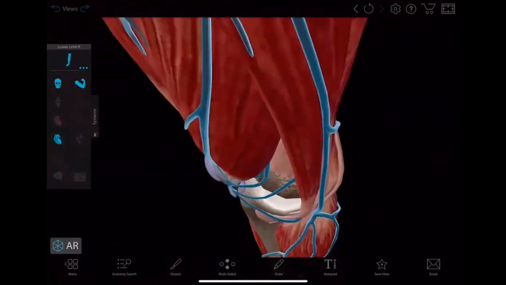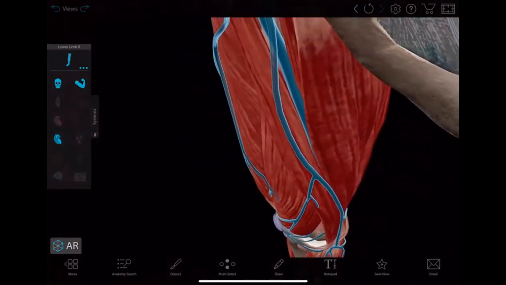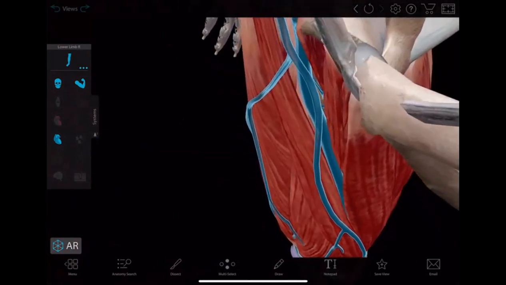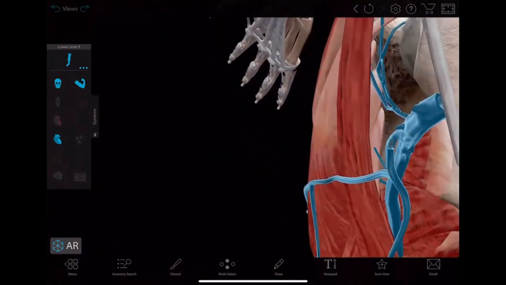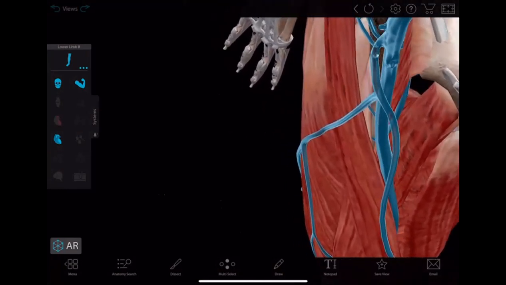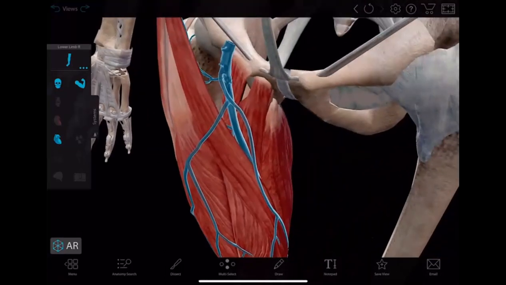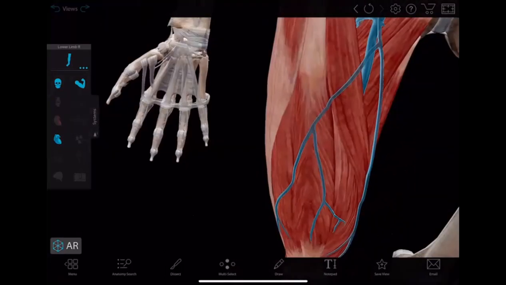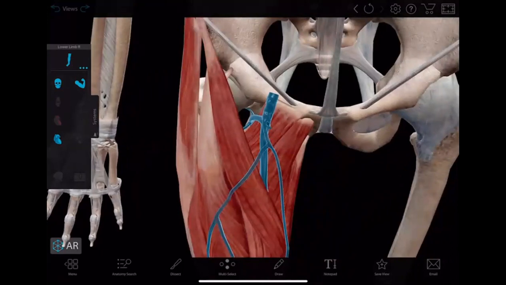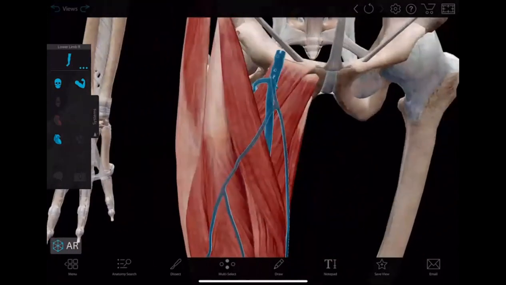And it courses along the medial side of the thigh, okay? Before it empties into, sorry, before it empties into the femoral vein.